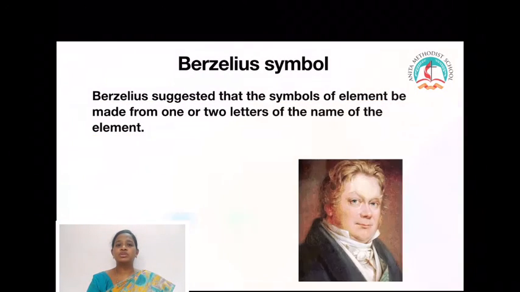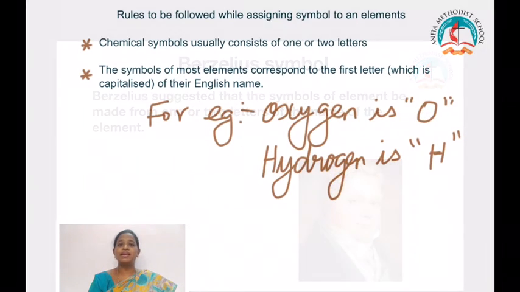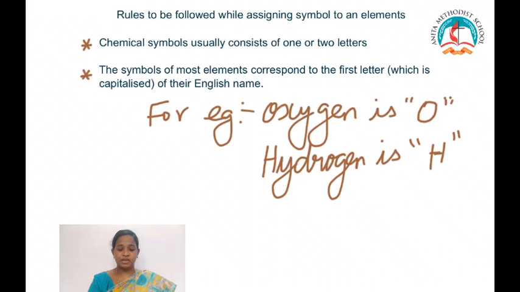There are few rules to be followed while assigning symbols to an element. The first rule is chemical symbols usually consist of one or two letters. The symbols of most elements correspond to the first letter, which is capitalized, of their English name. For example, oxygen.